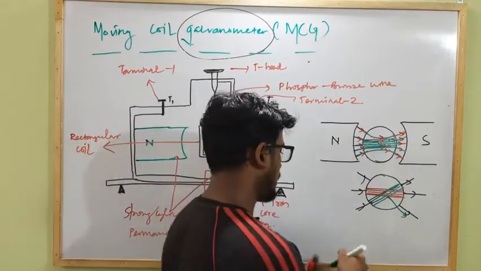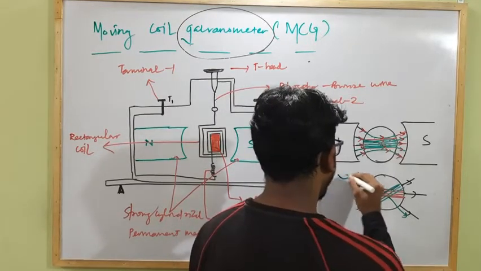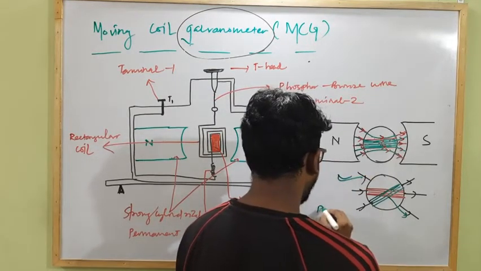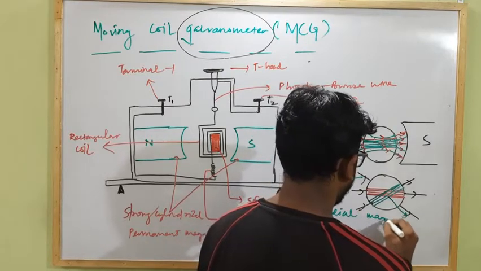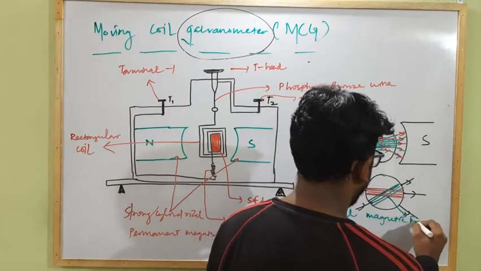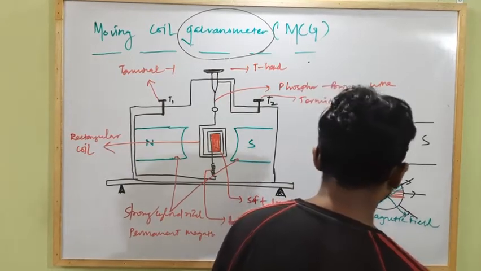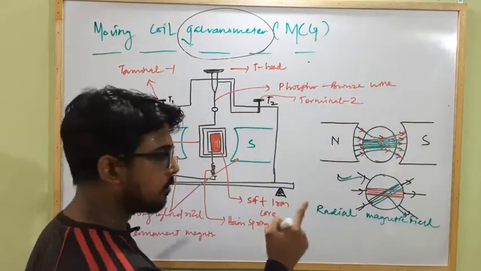Here, this is an important point: for which we are using what? Radial magnetic field. Okay, why is the radial magnetic field used?